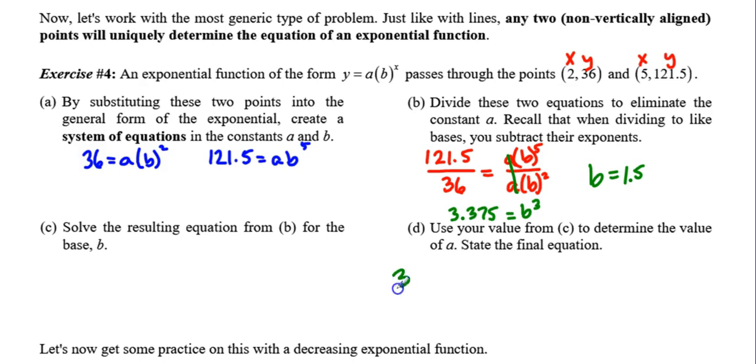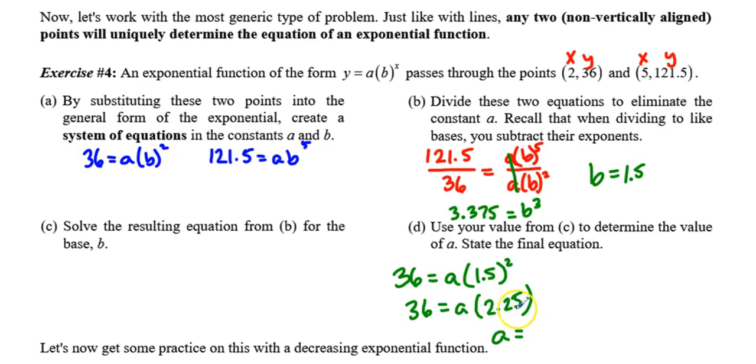So let's go with 36 equals a, which we don't know yet, times b, which is 1.5, to the second power. Again, I'm using the x value of 2, the y value of 36. Okay, now just do this little math. It's 36 equals a times 2.25. And then you can just do your division, divide both sides, and we've got a equals 16.